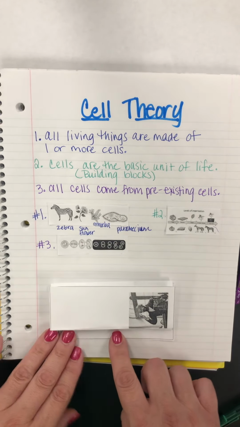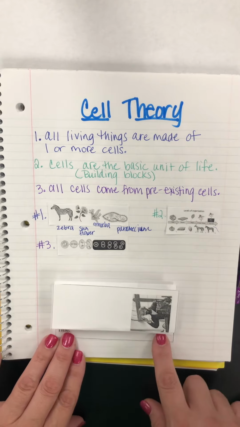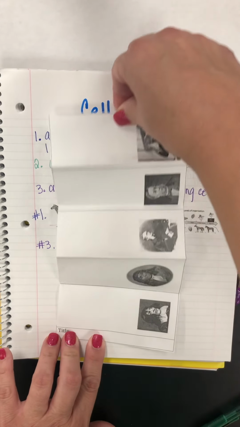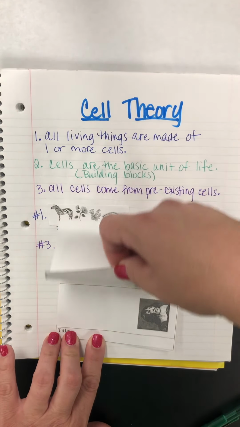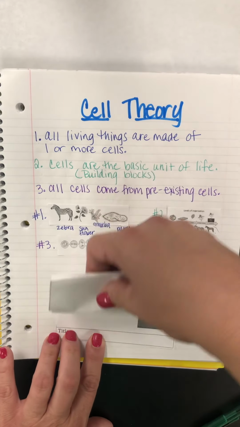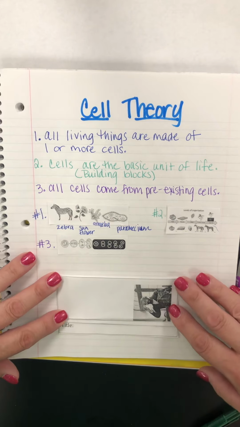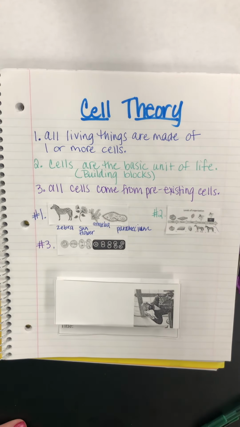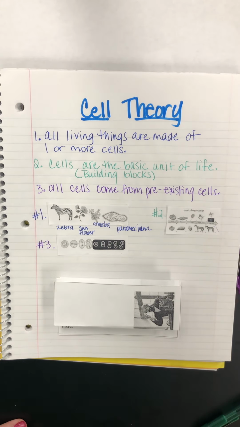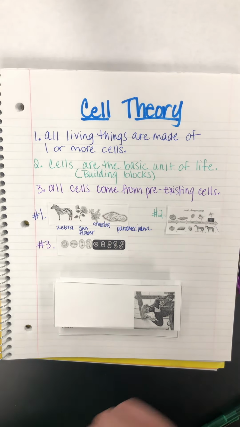And after we've completed this, we're going to go ahead and tape it in so that we can access the information, but then we can place it back into an accordion foldable and it will stay on our ISN page just like so, okay? But we need to fill out this foldable so that we have good information about the scientists and what they contributed to the cell theory.